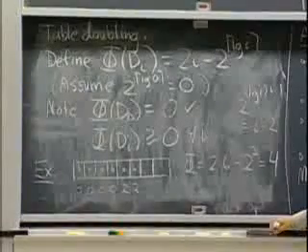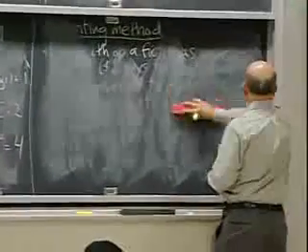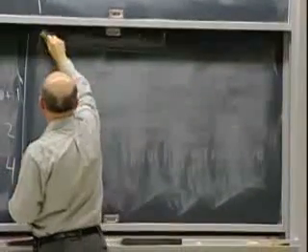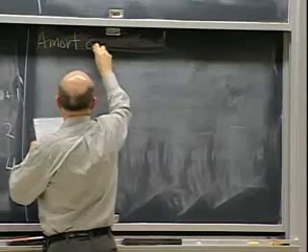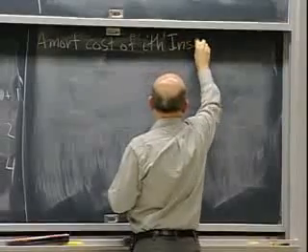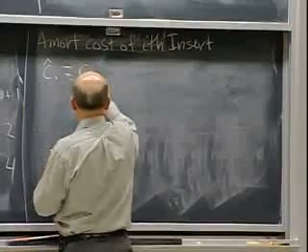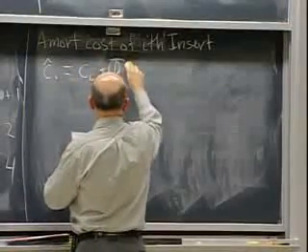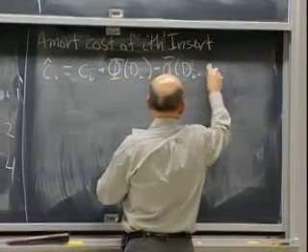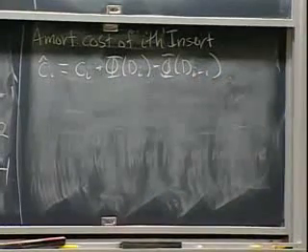Okay, so now let's add up the amortized cost of the ith insert. Okay, so that's the amortized cost of the ith insert, just by definition.